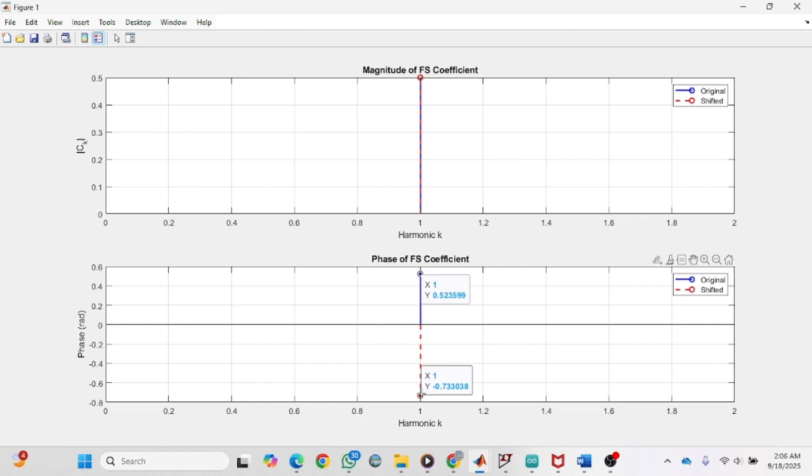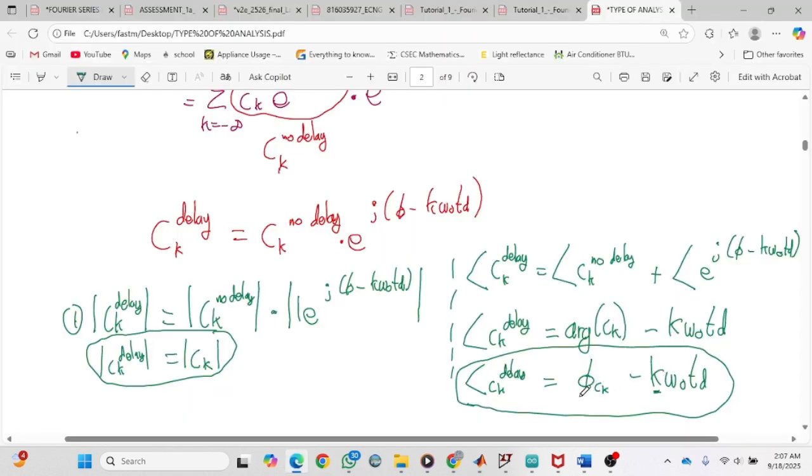So remember, it's the previous phase minus k omega naught td. Okay, so you need the original phase spectrum, and for each of those, you're going to subtract k omega naught td, where you will know what k is based on where the spike is on the harmonic, which is the equation that we have here.